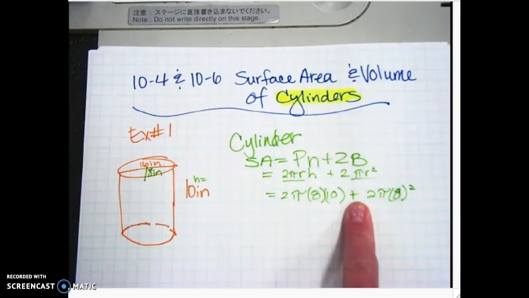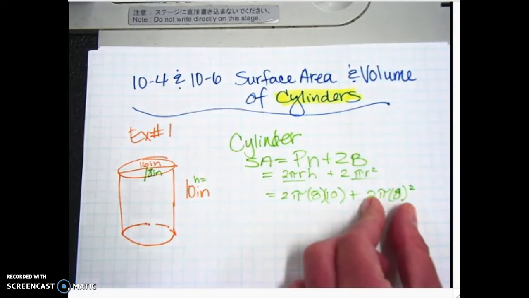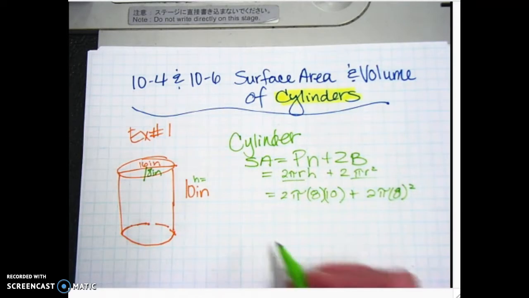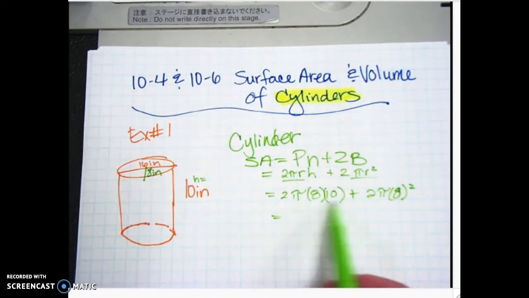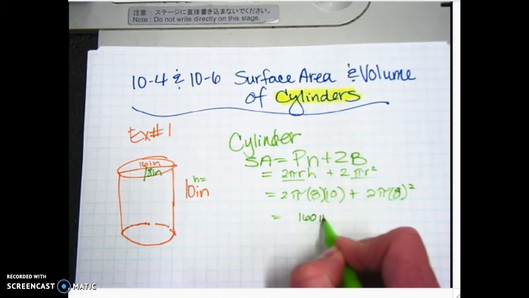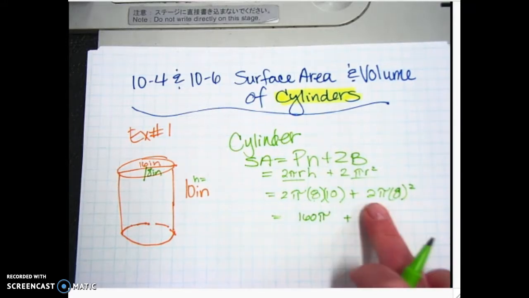Because there's a plus sign right here, we're going to simplify this term first, then this term, okay? And we're going to leave it in terms of pi first. So I'm going to multiply everything but the pi. So I'm going to go 2 times 8 times 10, which is 160, so 160 pi, plus, and then I'm going to do the same thing here, multiply everything except for the pi.